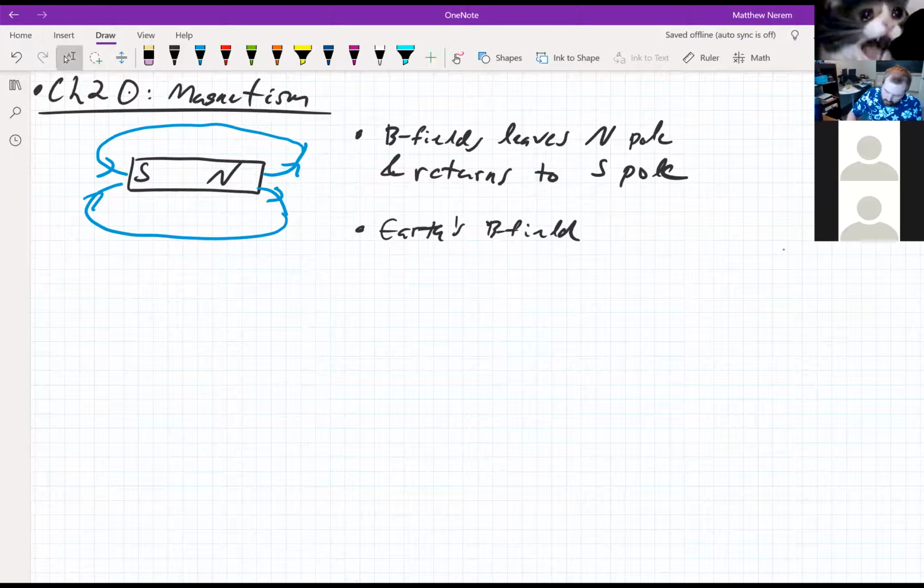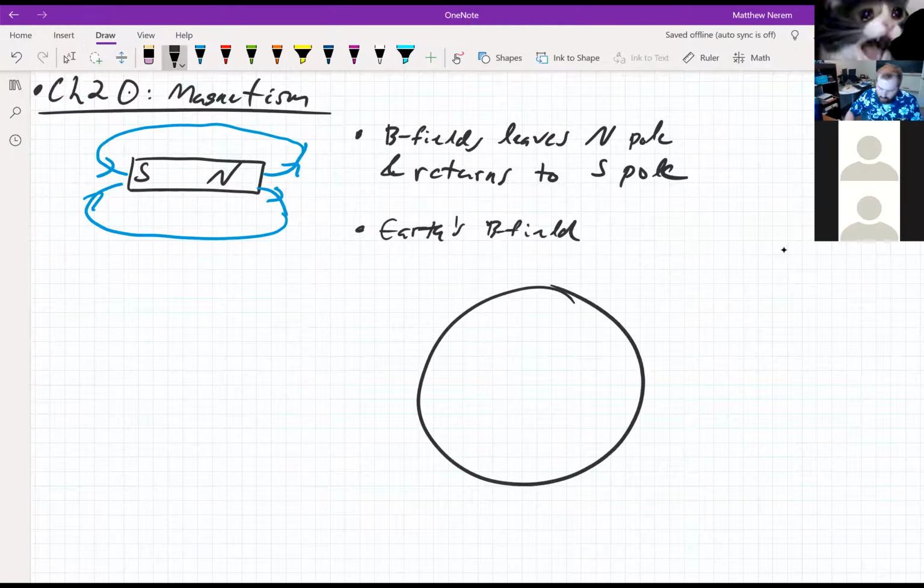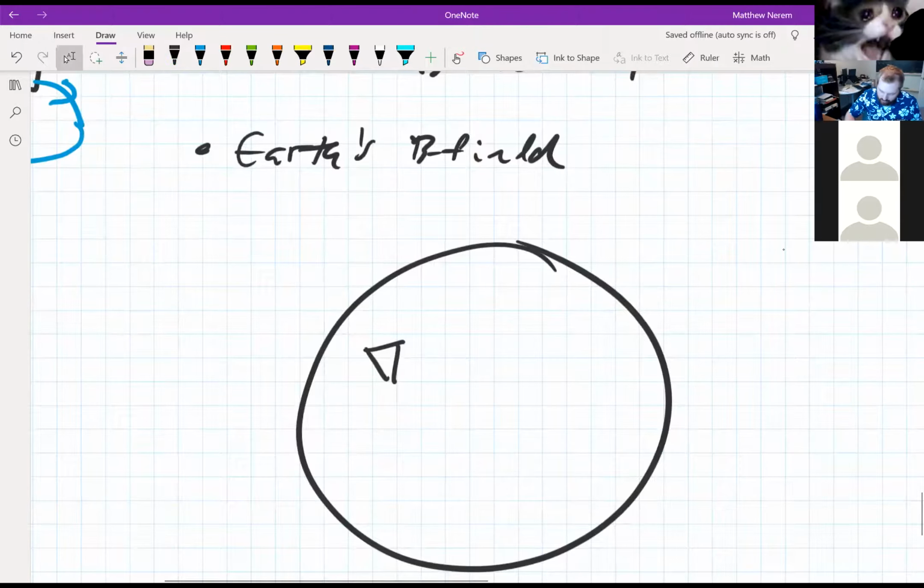So here's my model of Earth. And if you get yourself a little compass here, let me scroll in a little bit. Get yourself a compass.